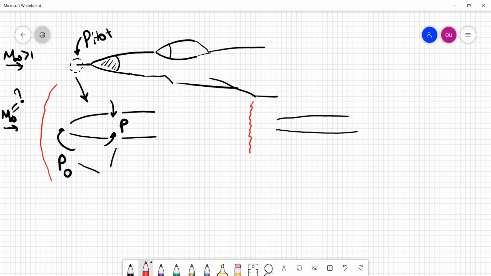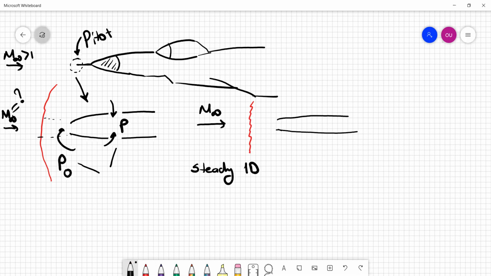This assumption is mostly true because in the vicinity of this inlet, the shock wave angle is indeed close to 90 degrees. So this is a reasonable assumption. It will approach with M infinity. We will assume, first of all, steady, one-dimensional flow.